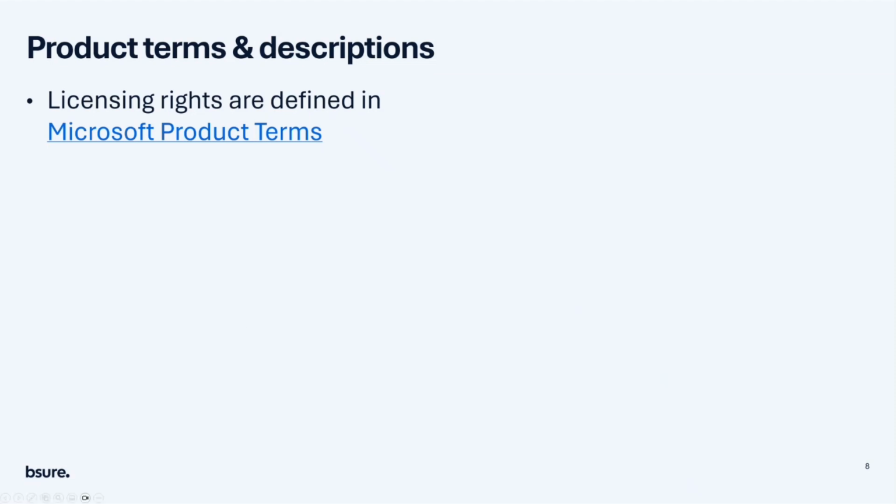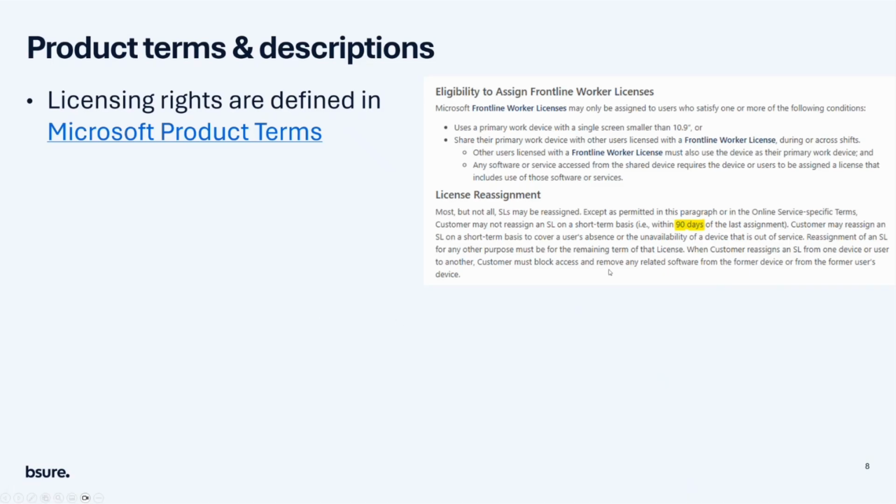I'll have one example here, and that is this is where you can find the information saying that if I reassign a license, it has to be 90 days since I last assigned the same license. So that's why you can't use the same license for people coming and going all the time.